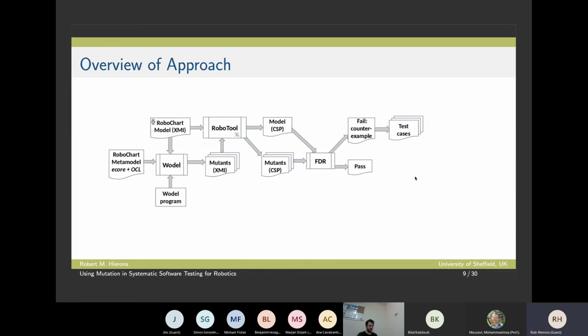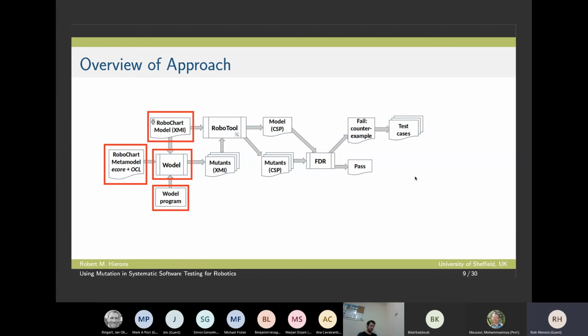In terms of the overall approach, this is how it operates. In terms of mutation, it's based around something called Wodel. This is a domain-specific language and also a tool, and it's incredibly flexible. What it takes is our original specification, the RoboChart specification, and the meta model for RoboChart. And the third component it takes is a program.